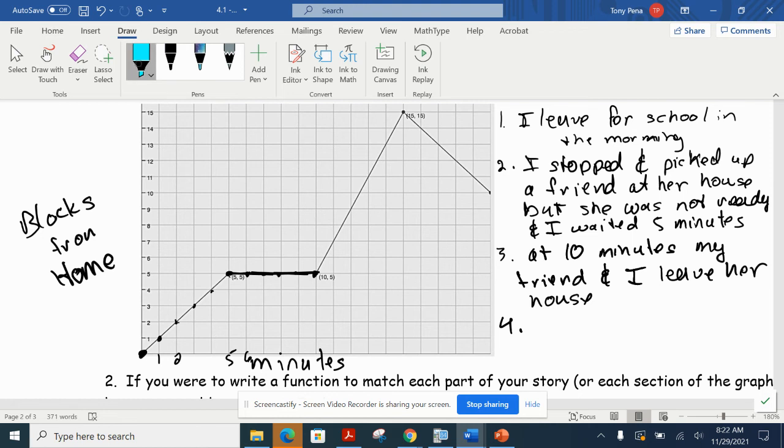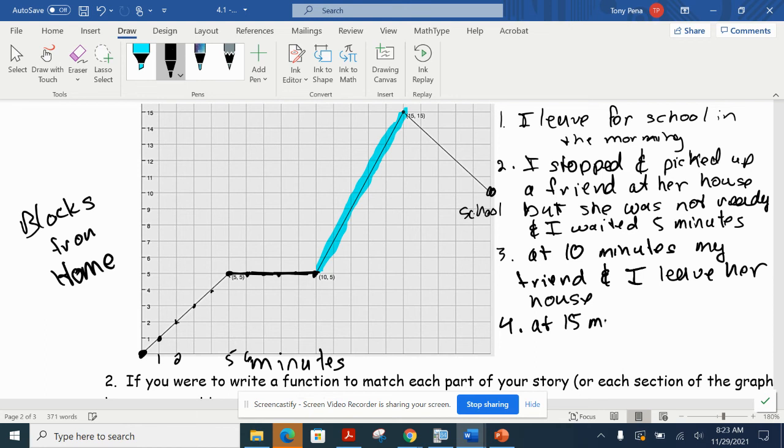All this time, we're getting further and further away from your friend's house and your house. But eventually we get to this point right here. Our whole destination should be school at the very end. If this is our ultimate goal, we're trying to get to school. So over this 15 minutes, we went to pick up another friend on the way. This person was just ready, so we walked to their house. So I'm going to say at 10 minutes, my friend and I leave her house.